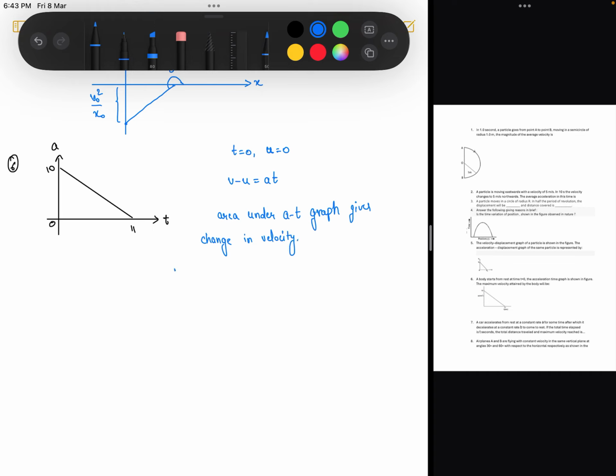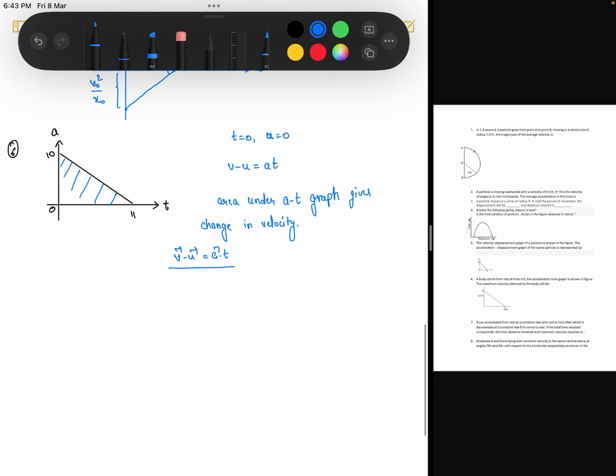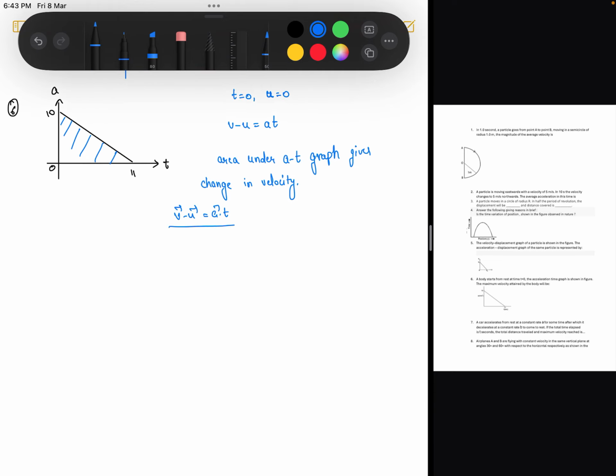So this is always true that v vector minus u vector is equal to a vector dot t. The area under the acceleration time graph always gives the net change in the velocity. Okay, so this is the area under this graph.